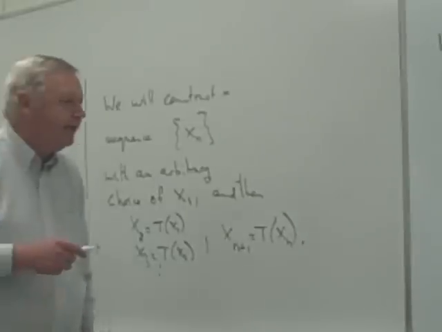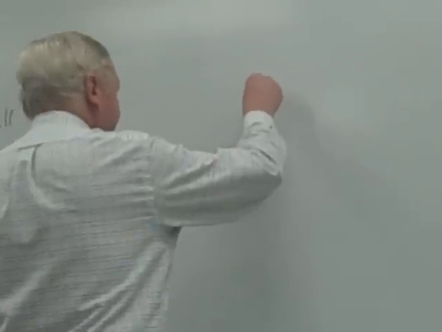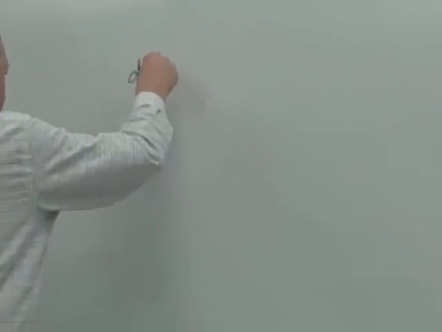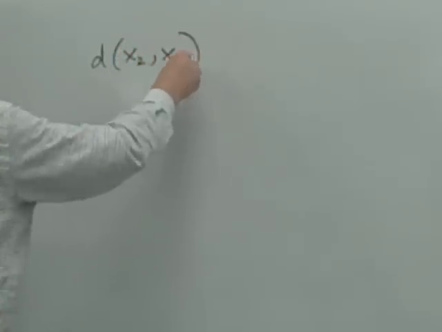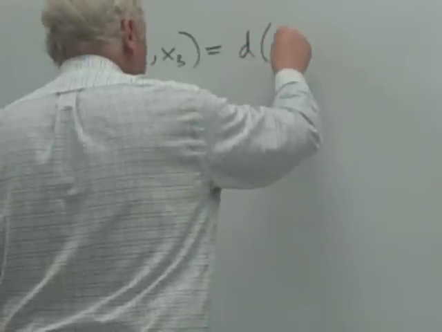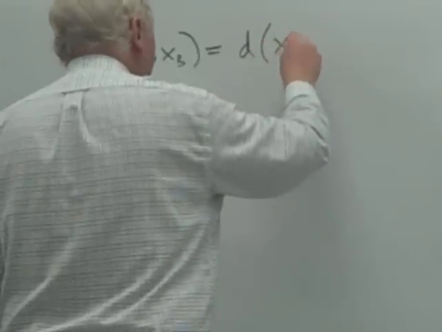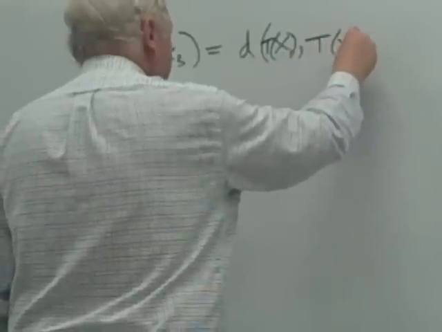So, notice that the distance between x2 and x3, well, we got x2 by applying T to x1, and we got x3 by applying T to x2. So this is the distance between T of x1 and T of x2.